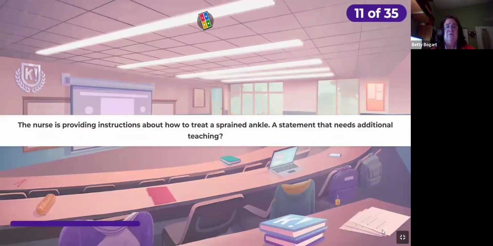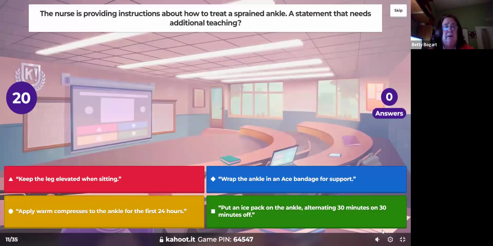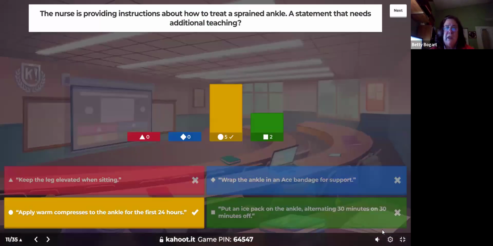The nurse is providing instructions about how to treat a sprained ankle. Which statement needs additional teaching? What's wrong here? What do they need to understand better? So, do you remember the acronym that we used when we're looking at sprained ankles and what the treatment is?